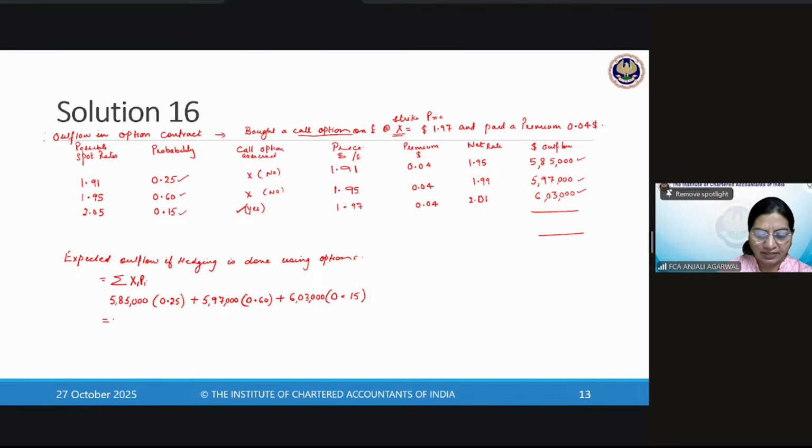So when you calculate these figures using your calculators, the expected value of outflow in the first scenario is 146,250.